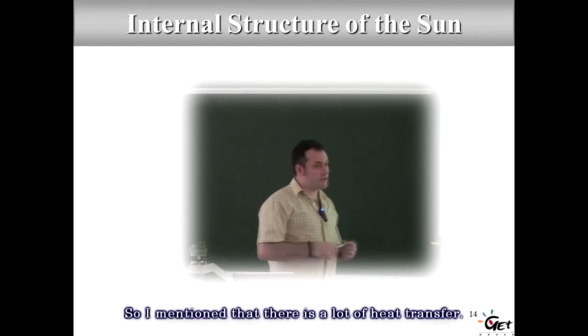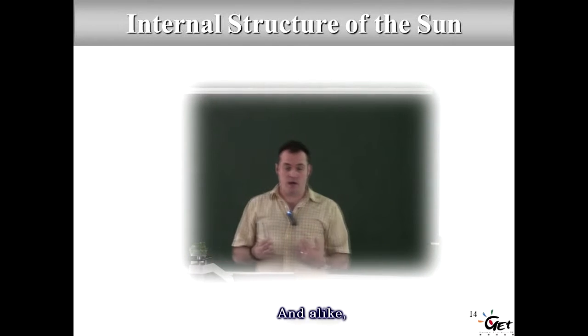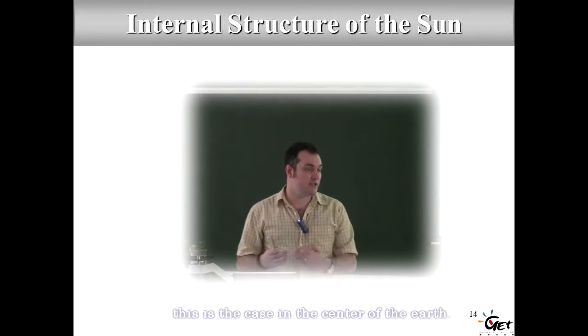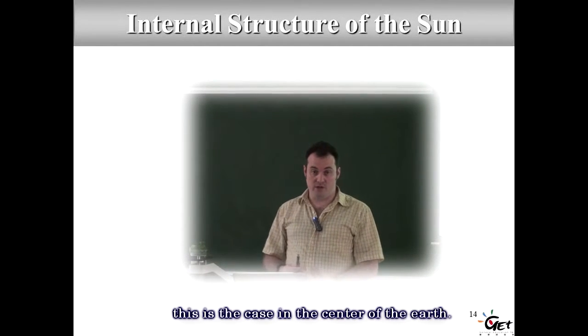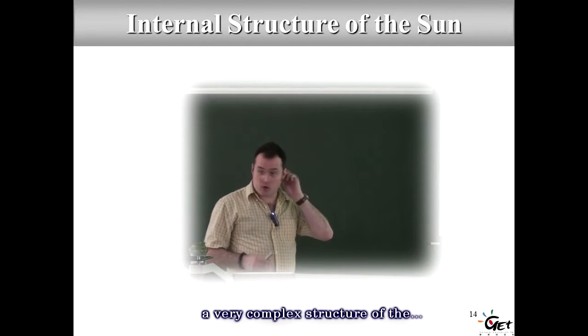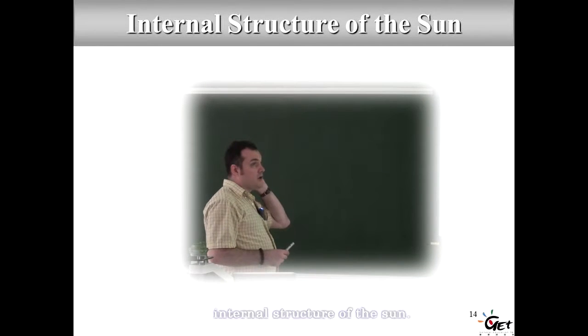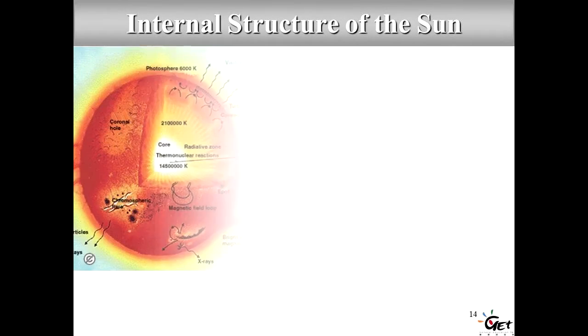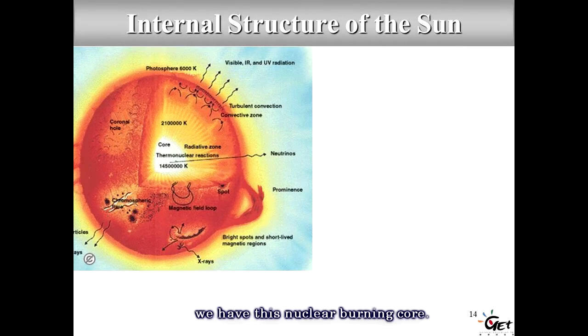So I mentioned that there's a lot of heat transfer, and like in the case of the Earth, there is a very complex internal structure of the sun. At the center we have this nuclear burning core.